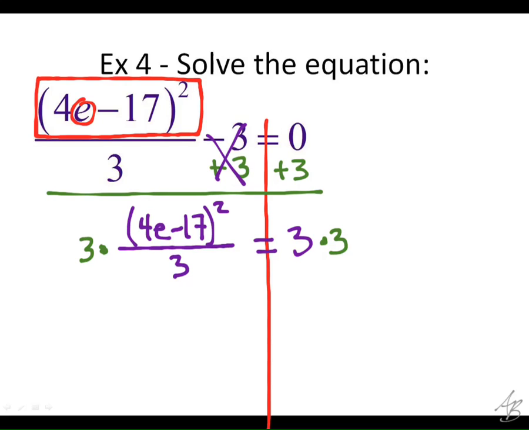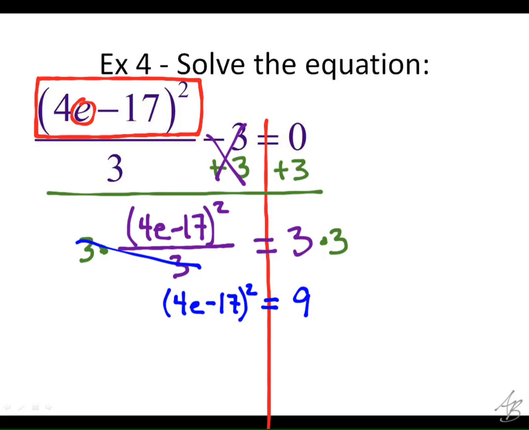We're going to multiply both sides by 3, and when these 3's cancel each other out, what's going to be left? Okay, so everything that we had here is left except for those 3's. And then on the right side, 3 times 3 is? 9. Okay.